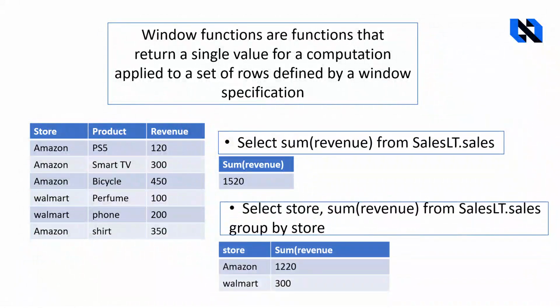However, if I wanted to get the sum using a window function, the window function would operate on each set of the rows and return a single aggregated value for each row.